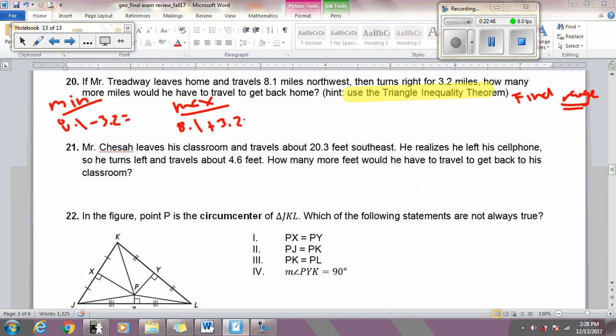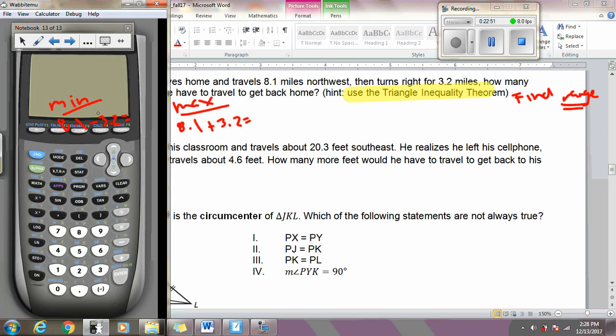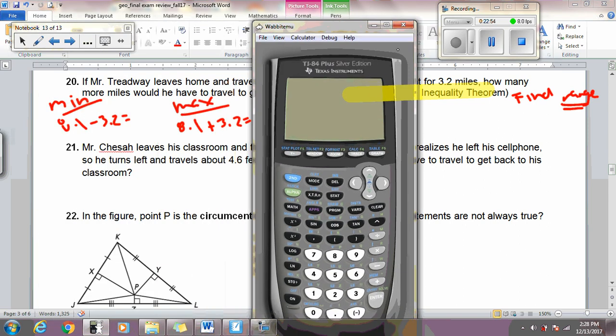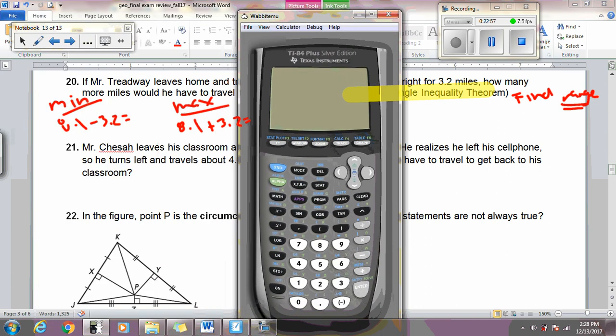And then I'll grab my calculator after I set it up. 8.1 plus 3.2 is 11.3, and I'm going to copy that and change it to a minus, and you get 4.9.